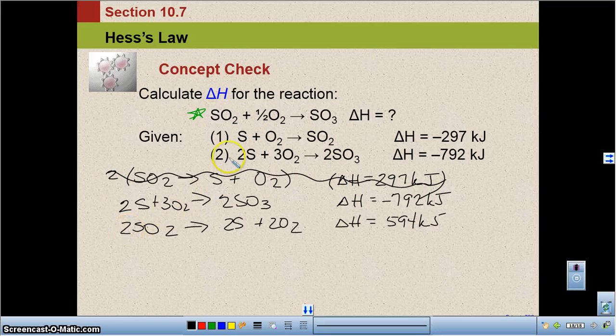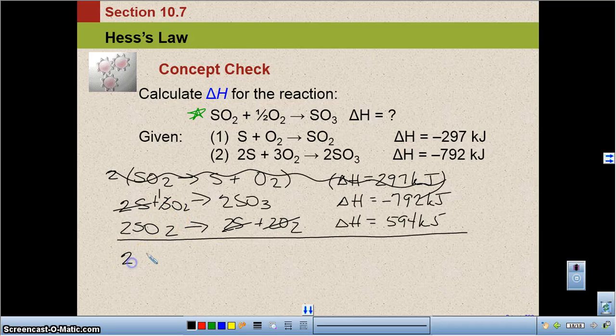So we look at it now, and I think we're in pretty good shape. Let's go ahead and see if we can eliminate what we need to. We want the SO2 and the sulfurs to cancel, so let's get rid of those, 2 on each side. Notice that we have 2 O2s over here and 3 O2s over here, so I can cancel 2 of these and leave 1 O2 on the left-hand side.